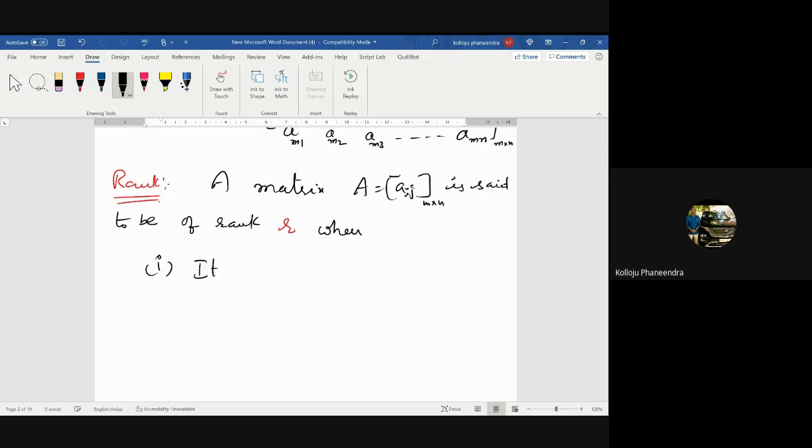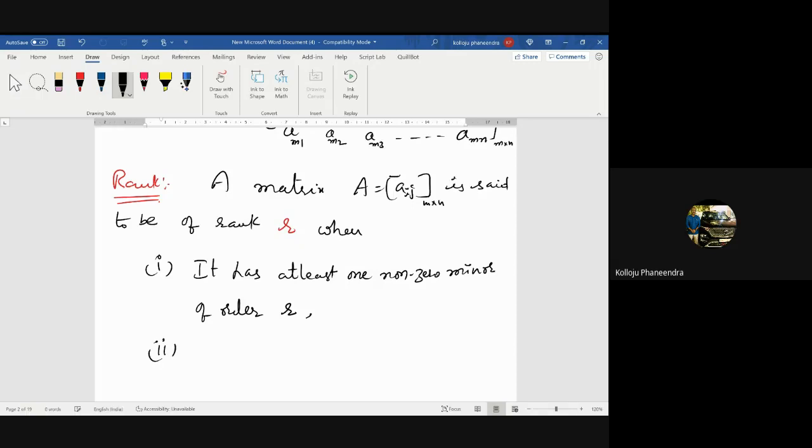The matrix has at least one non-zero minor, nothing but a determinant. Minor means determinant of order R. That is the first condition.